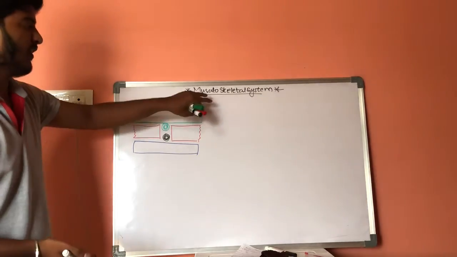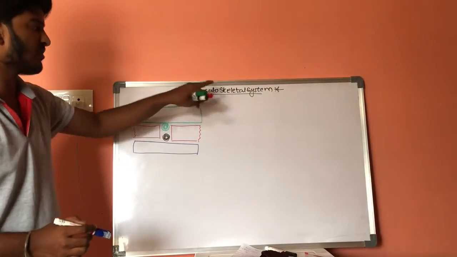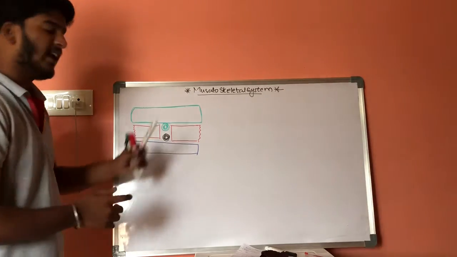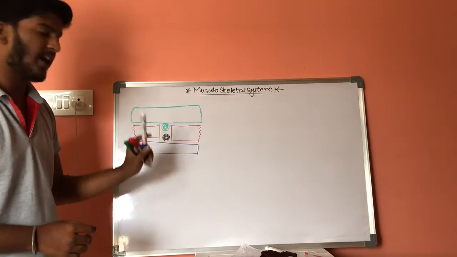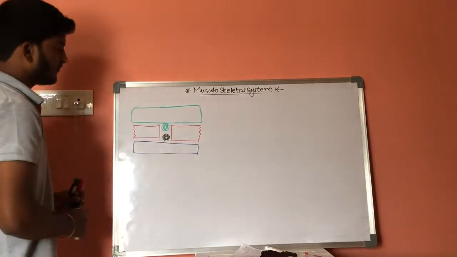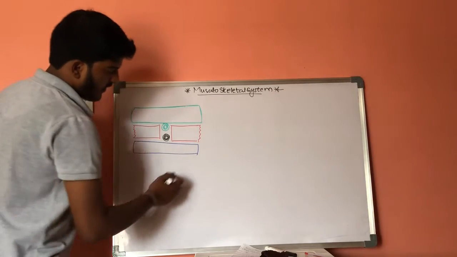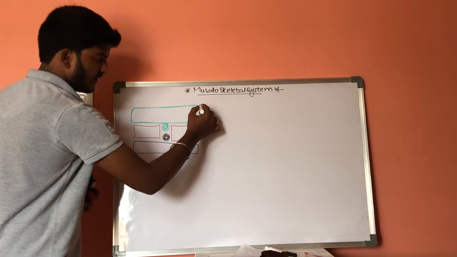Now, while discussing the musculoskeletal system, we need to distinguish between extra embryonic mesoderm and intra embryonic mesoderm. There is a special structure.